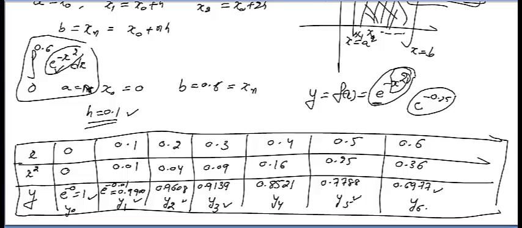So if you decide h as 0.05, meaning much smaller, then how many y values will be different?